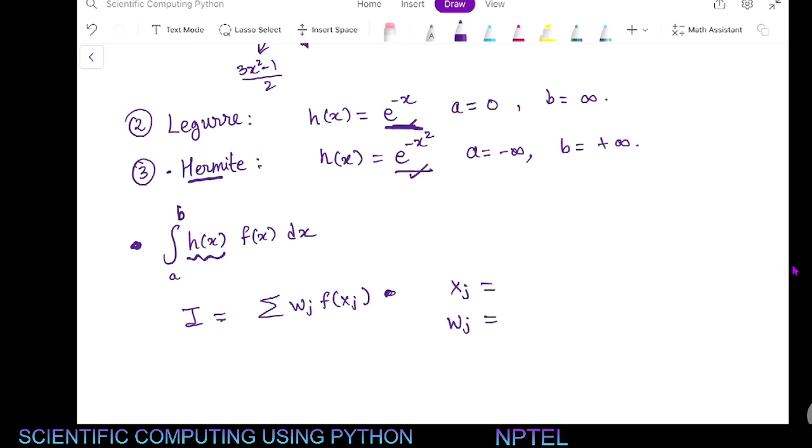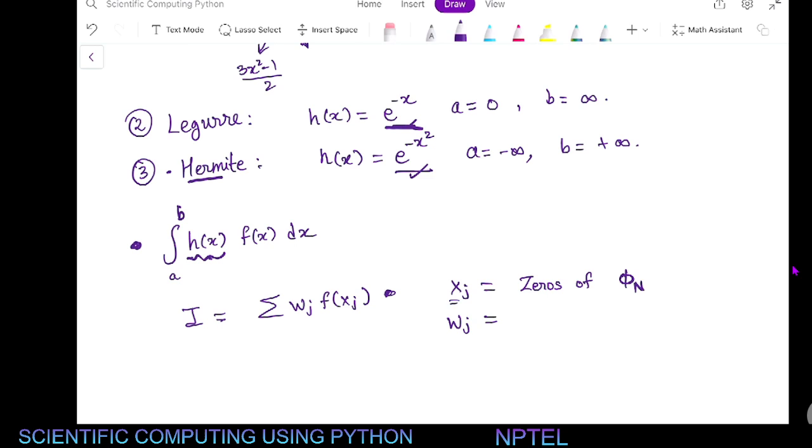So x_j is going to be the zeros of phi n, where phi is the orthogonal polynomials for given h and a comma b. So the nth polynomial, you calculate it and find the zeros. Those are going to be the x_j's. So they need not be uniformly spaced.